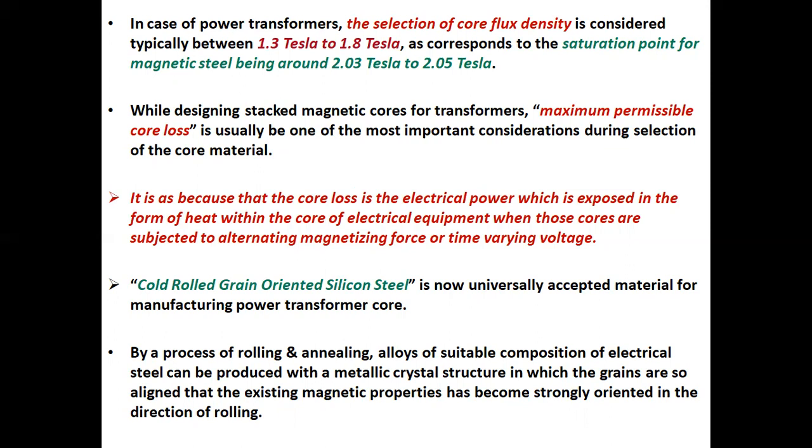By a process of rolling and annealing, alloys of suitable composition of electrical steel can be produced with a metallic crystal structure in which the grains are so aligned that the magnetic properties become strongly oriented in the direction of rolling.